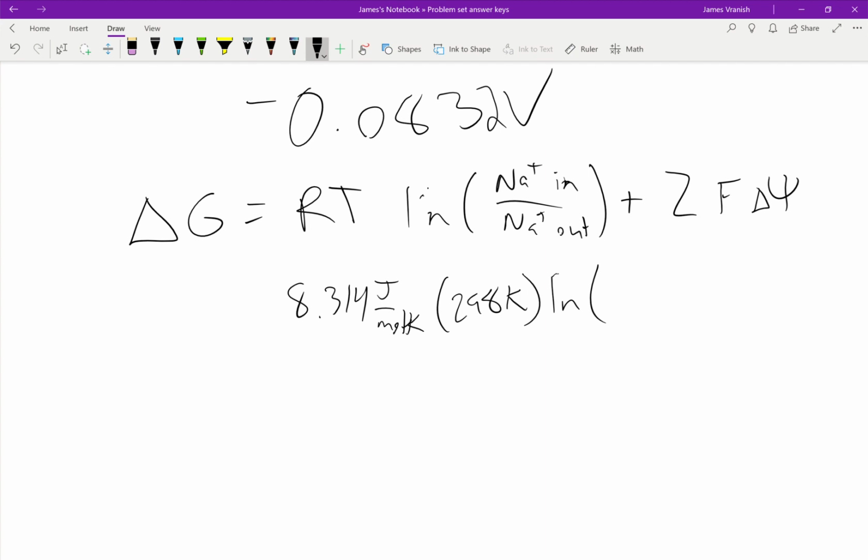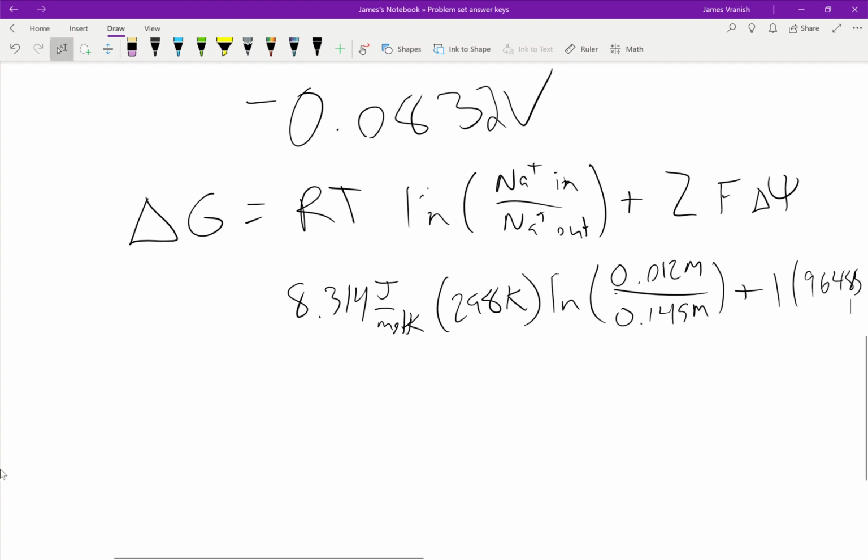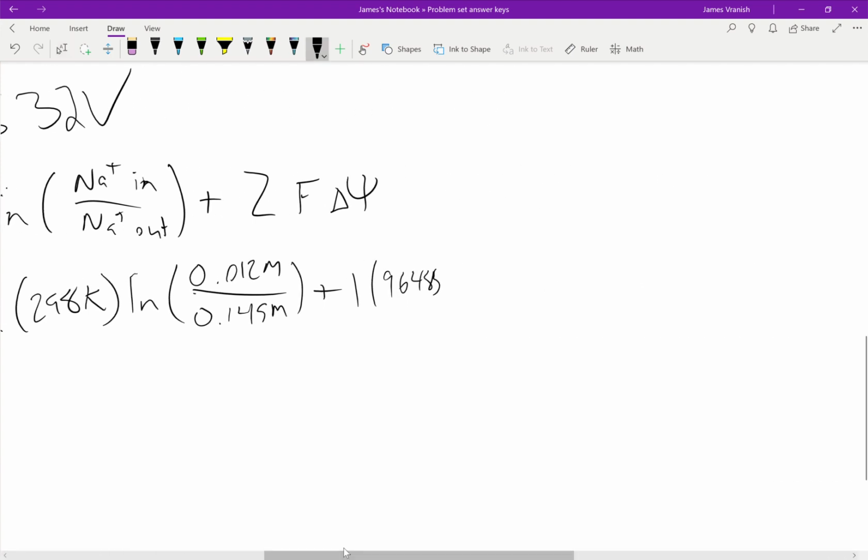Sodium concentration inside the cell is 0.012 molar. Outside the cell is 0.145 molar. All right, plus now Z is 1. Faraday's 96485, and the units, we have to be careful of the units here, are going to be joules per mole volt.